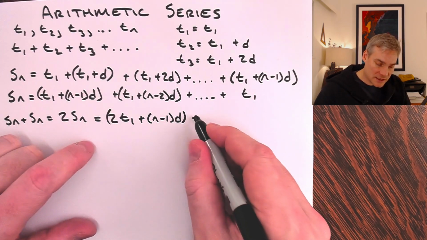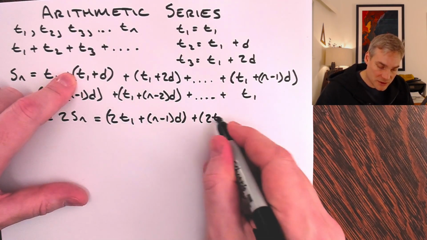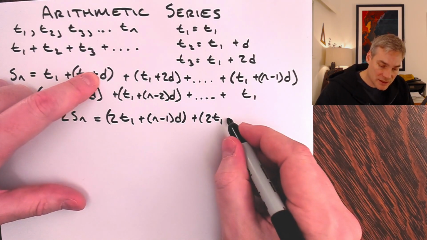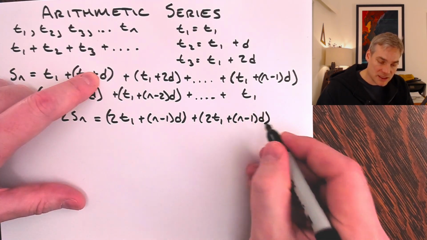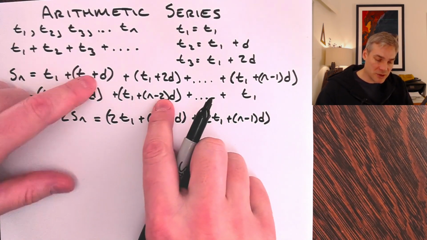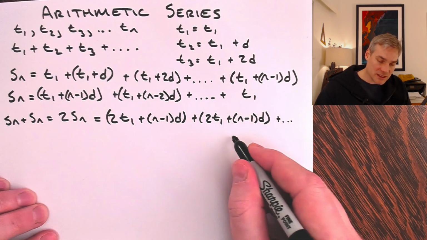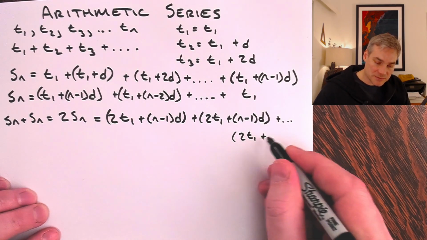And then if I add my next term, I have 2 T1s again. And I have a d and n minus 2 d's, which is the same as n minus 1 times d, because I have n minus 2 plus another one. If we keep doing this, eventually we find all of our terms equal this.